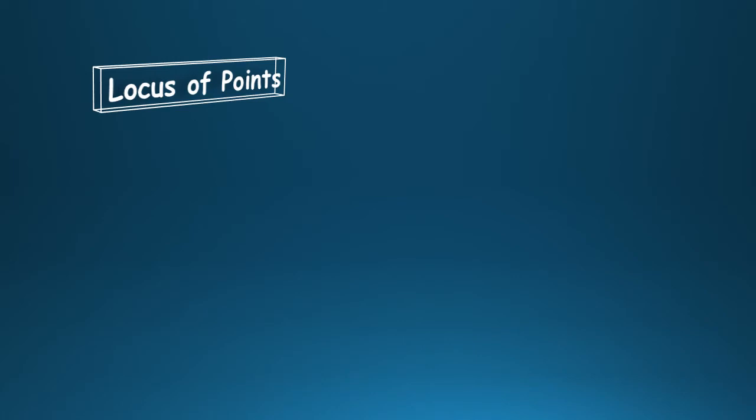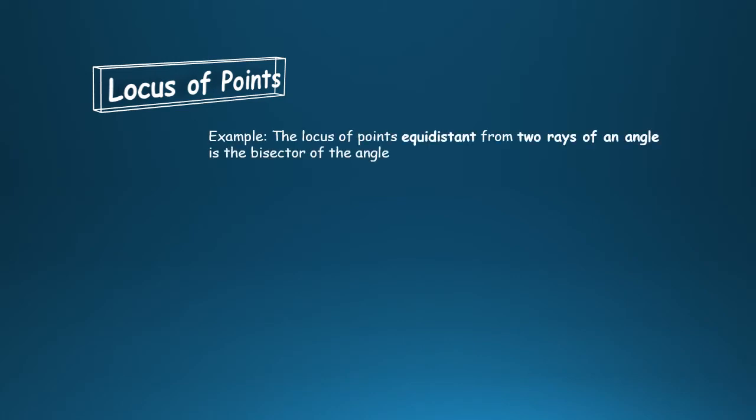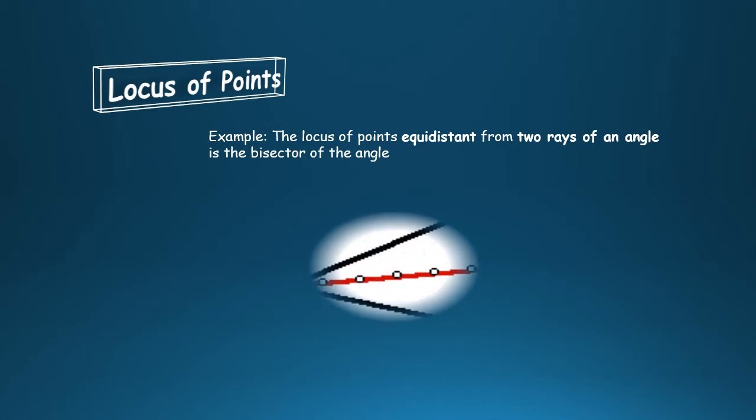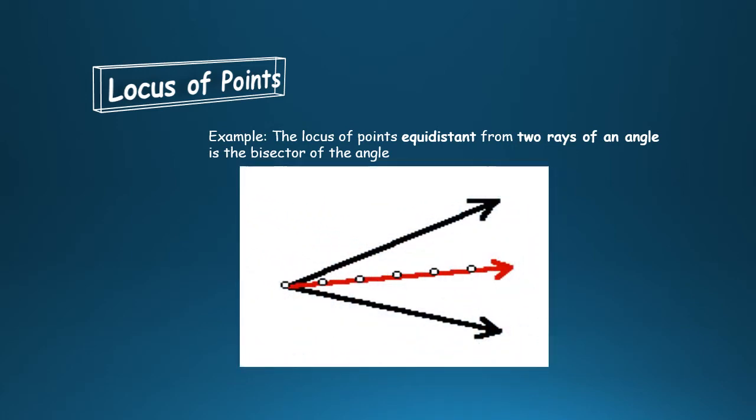The next example is a locus of points equidistant from 2 rays of an angle, and that's going to be a bisector of that angle. We couldn't have a line outside because it would be at various distances from the 2 rays.